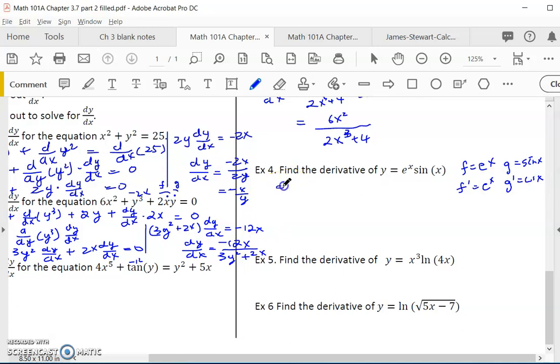So when I do dy/dx, it's f prime g plus g prime f: e to the x sine x plus cosine x e to the x. Both of them have e to the x, so you can factor it out: e to the x times (sine x plus cosine x).